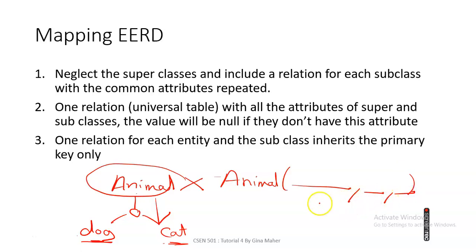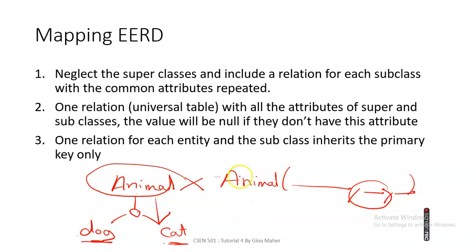However, in this case, if we have a record of a cat, for example, the attributes of the dog will all be null. So a lot of values may be null. However, it's still a valid option and can be used.